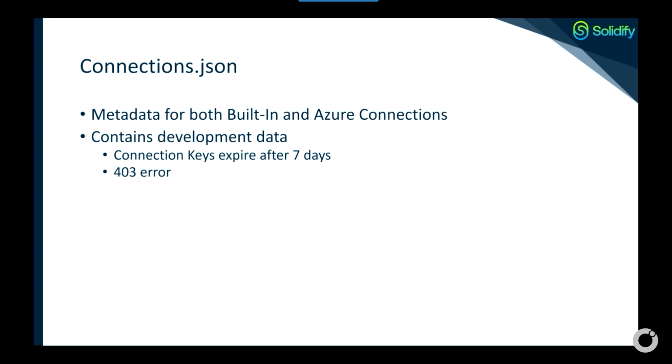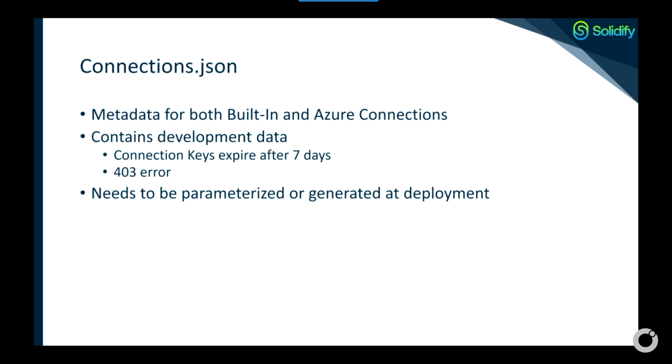And if we're talking about the managed connectors, when you create the connection in Visual Studio Code, you will get the connection key that lasts for 7 days. After that, you will actually get a 403. You need to recreate the connection. Not ideal, needs to be fixed.